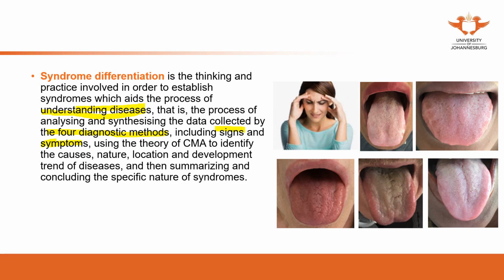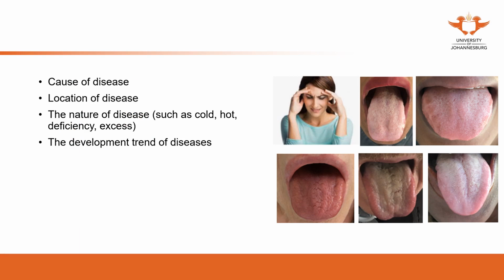So that's syndrome differentiation. From the definition, you need to understand the purpose and how to do so: the causes of diseases, the location of diseases, the nature of diseases, the development trend of diseases.